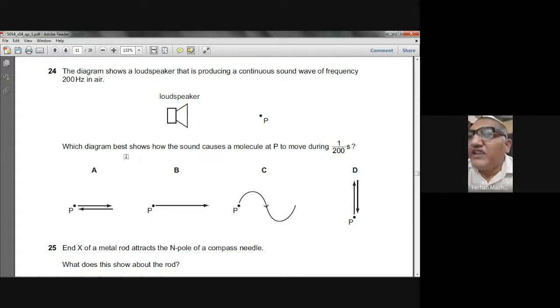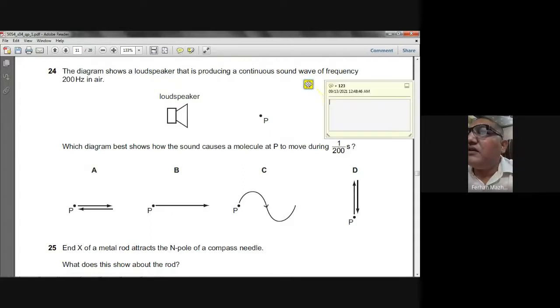Which diagram best shows how the sound causes a molecule at P to move during 1/200th of a second? So you see, what does this mean? This means, if you remember, the time period.